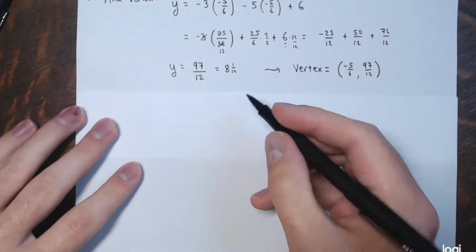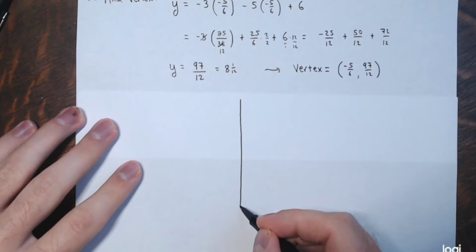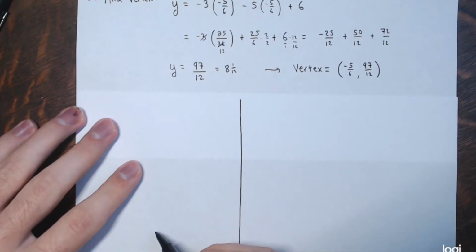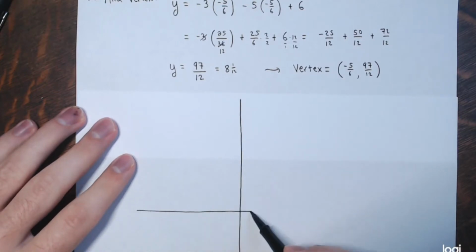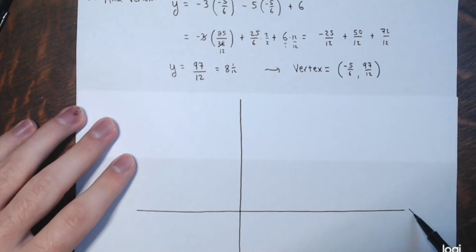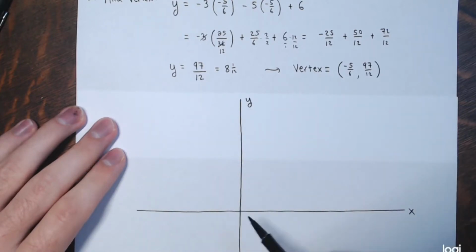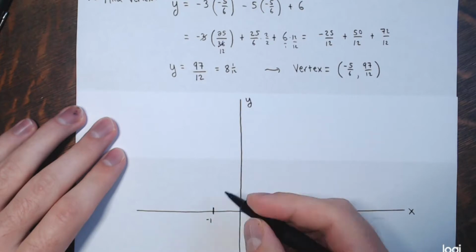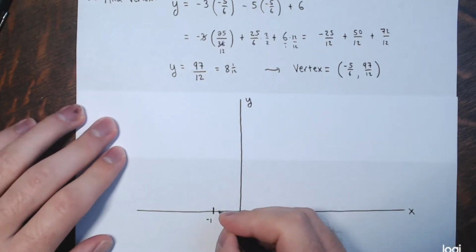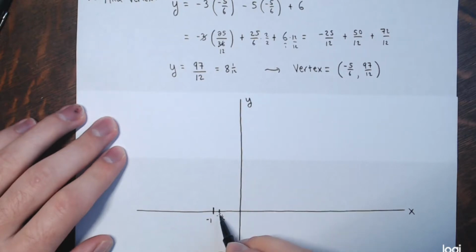So again, I'm doing the best hand drawing I can. Remember, horizontal is the x-axis, vertical is the y-axis. Let's say here's 0, and then let's say this is negative 1. Negative 5 sixths would be a little bit to the right of negative 1.